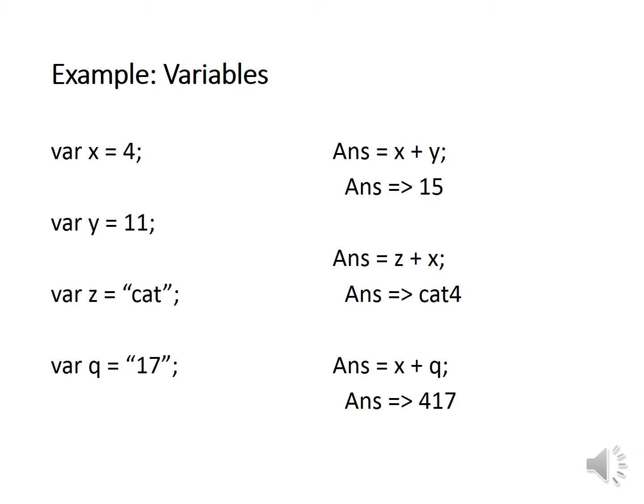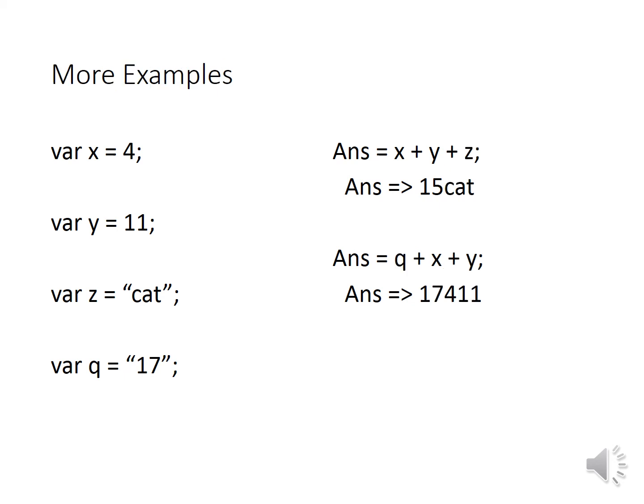That is the explicit type, and variable x is 4. So 4 + q, where q is 17, means 17 is a string and x is 4, so 417 is the answer. So you have to define here implicit as well as explicit types of JavaScript variables. These are more examples in JavaScript.